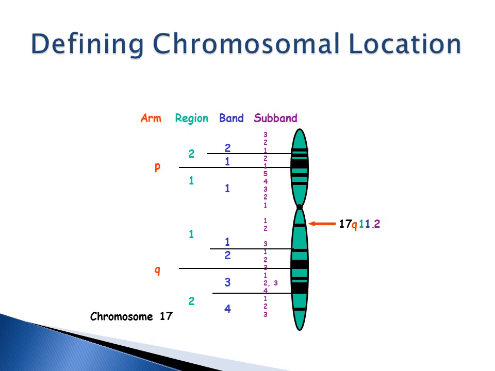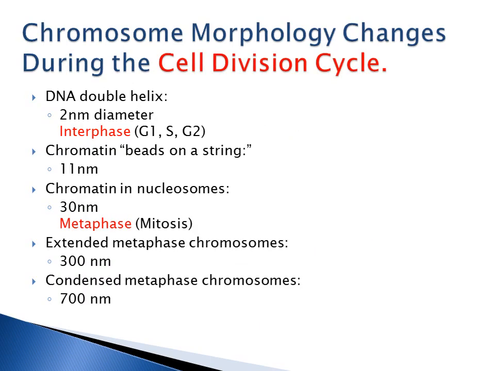So the arrow on this slide is pointing to chromosome 17, the Q arm at the region 1, band 1, and sub-band 2. So if you're reading a chromosomal location, that's how you need to read it. The first number is the chromosome, then the arm, then the region, the band, and then the sub-band.